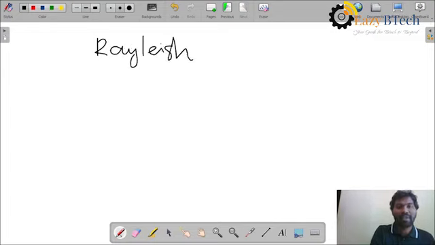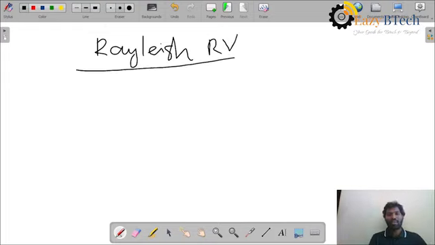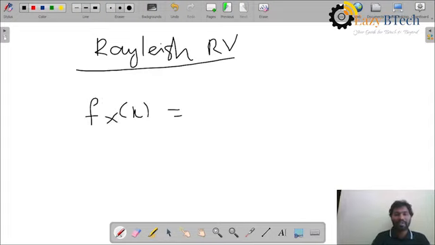Rayleigh random variable. Okay. So similarly, in the same case, here we just take out the density function and distribution function formulas.